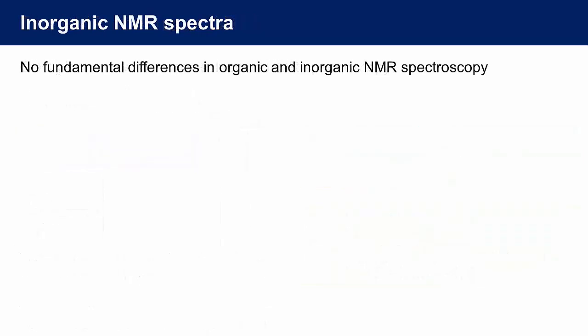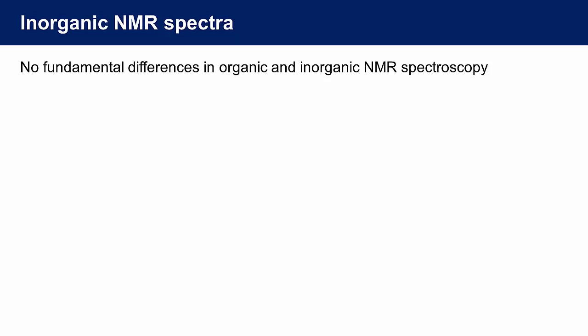We have now, more or less, covered all that I wanted to remind you about, but there are a couple of general things that I can say about the NMR spectroscopy of inorganic compounds. Firstly, there is fundamentally no difference between the NMR spectroscopy that you learn about for organic chemistry and the NMR of inorganic things. Atoms are atoms, they follow the same laws of physics.